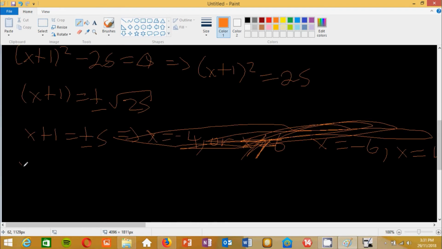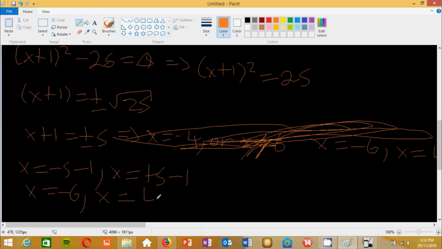and x is equal to -5 minus 1, and x is equal to positive 5 minus 1, because x + 1 is equal to plus or minus 5. So -5 minus 1 is -6, so x is equal to -6, and x is equal to 5 minus 1.